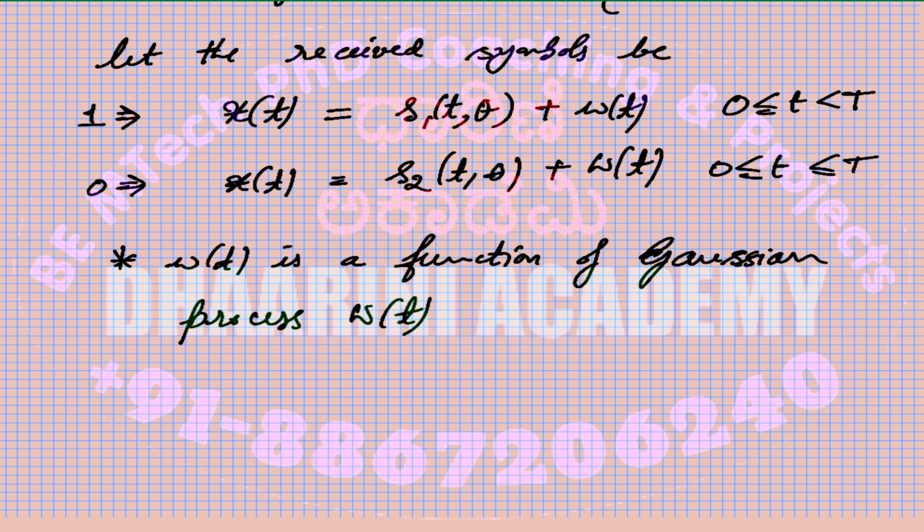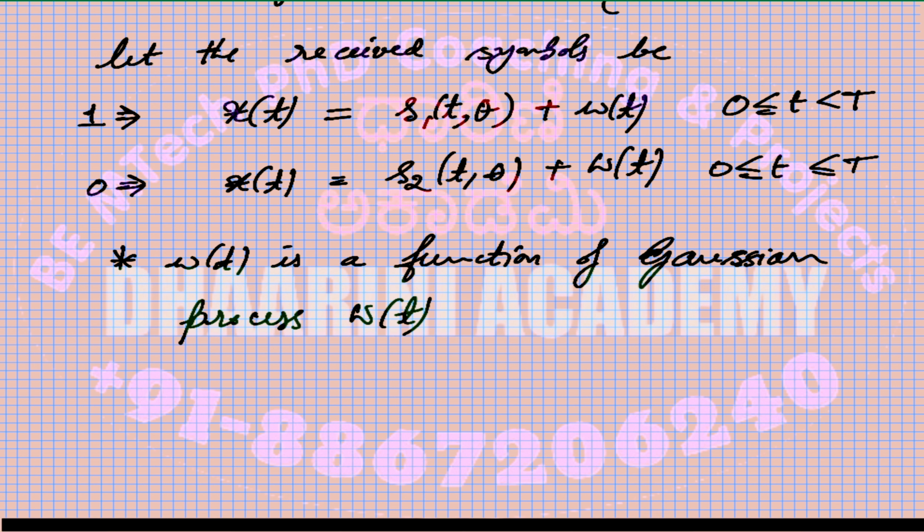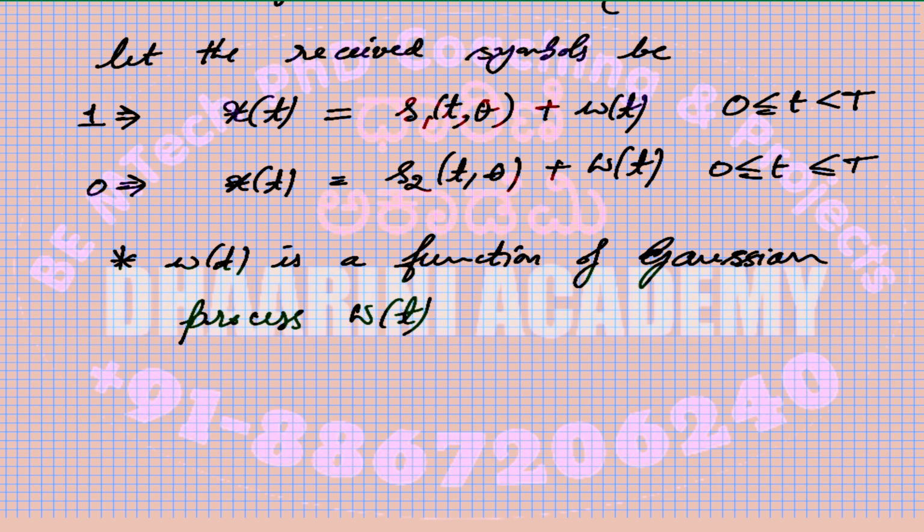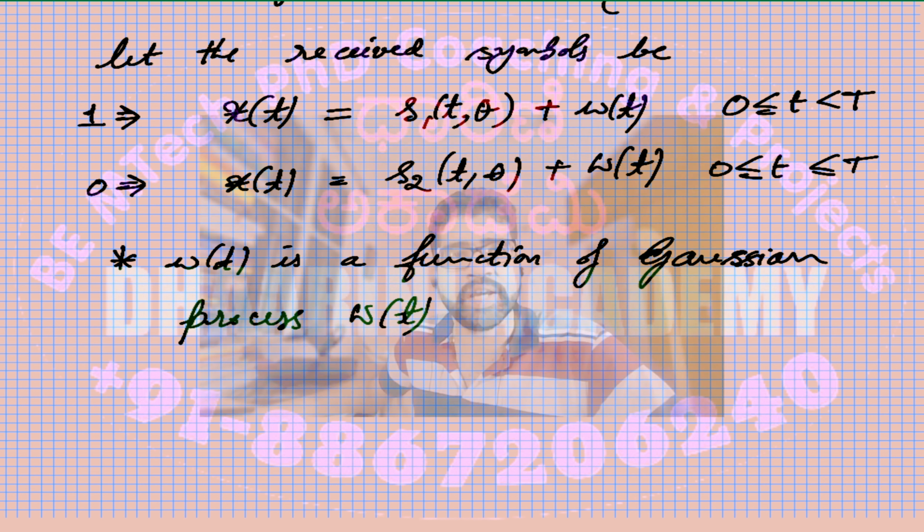Again, it's a noise, so you cannot write an equation, but definitely it's a random function. That is, capital W of t is a function, and small w of t is a value of that function at a given point of time t.